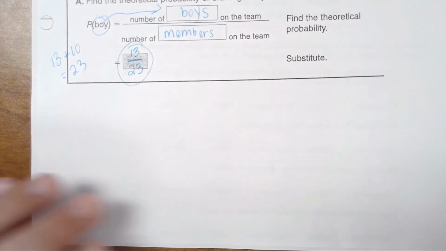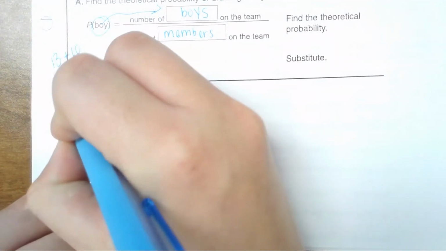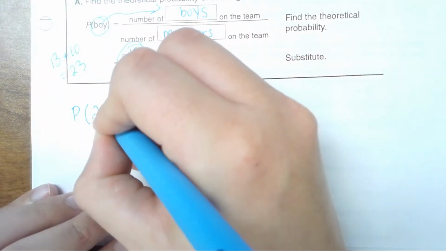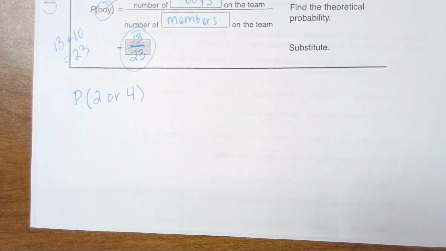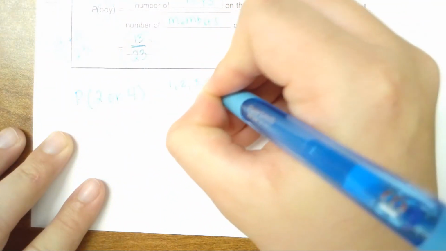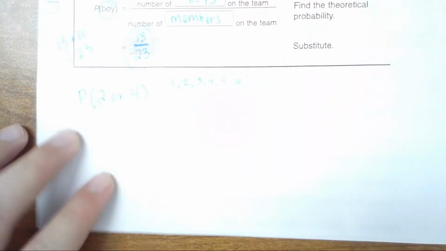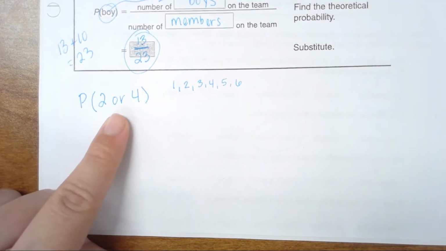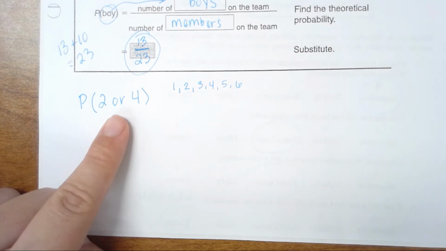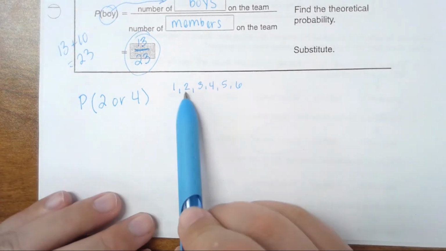So if I said, what's the probability of getting the numbers 2 or 4 on a number cube? Again, as we know, on a number cube, there's numbers 1, 2, 3, 4, 5, and 6. So if I said, what's the probability of getting a 2 or a 4? Well, how many 2's and 4's are on the number cube? There's 2, right? There's a 2 and a 4.